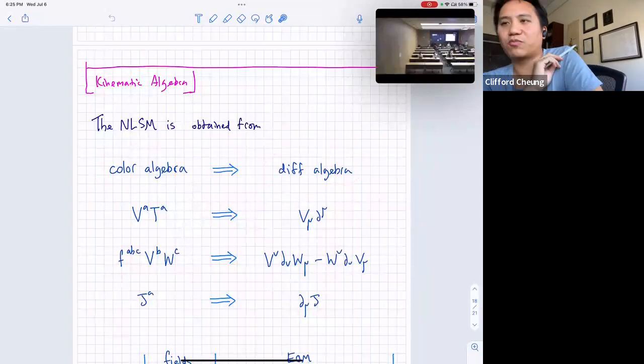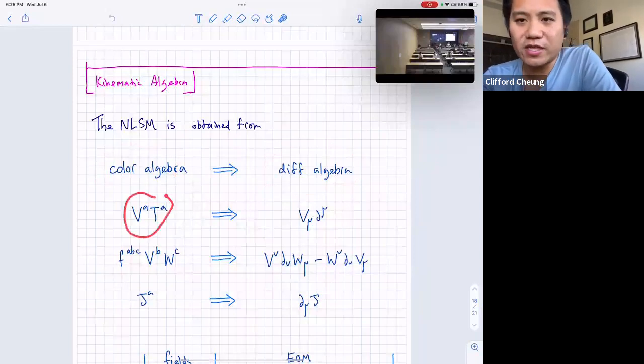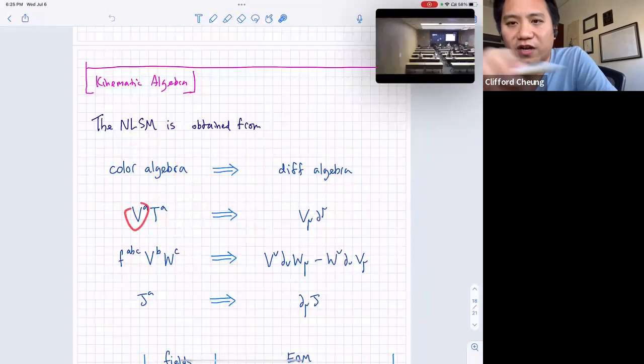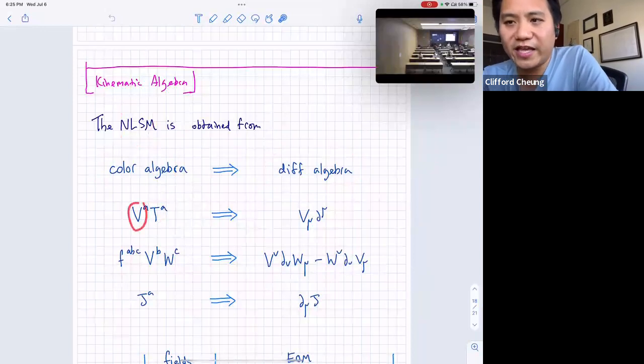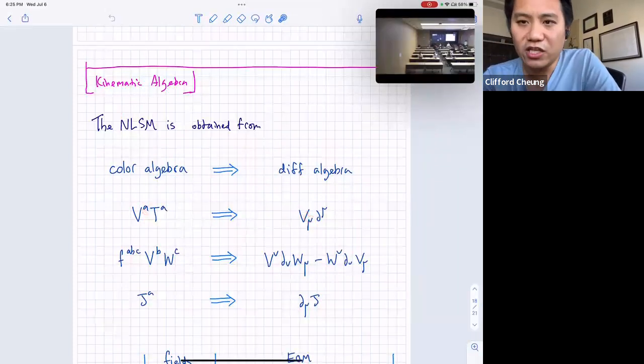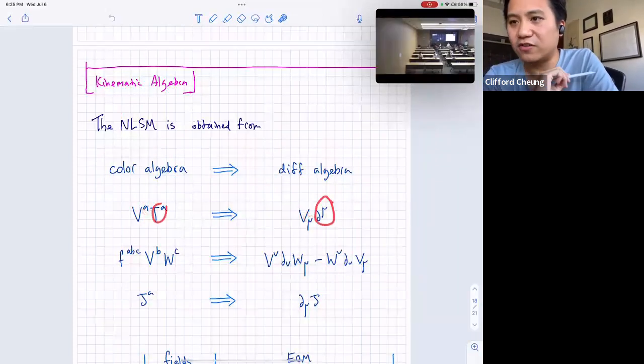What do I mean by this super explicitly? Imagine you have a theory with a colored object. So V is an adjoint of color, T^a is a generator. If I want to apply the double copy to get pions, you literally take V^a and replace it with a vector. You drop the color and replace it with a kinematic vector index. And you take T^a and replace it with a differential.